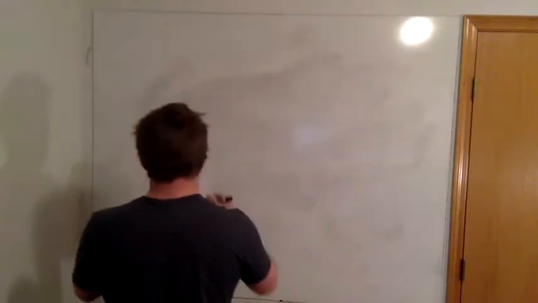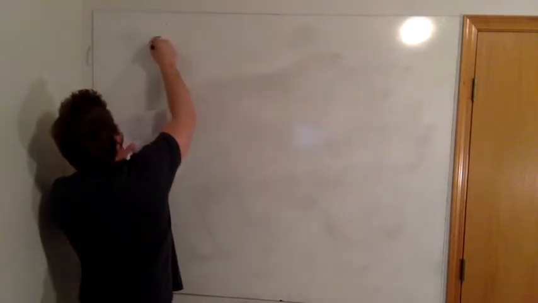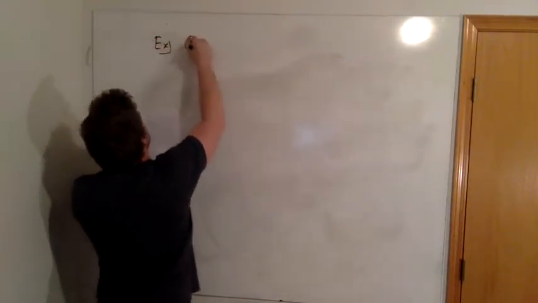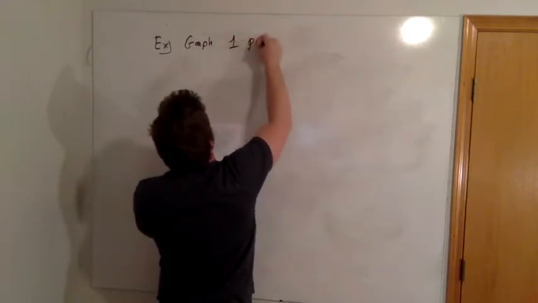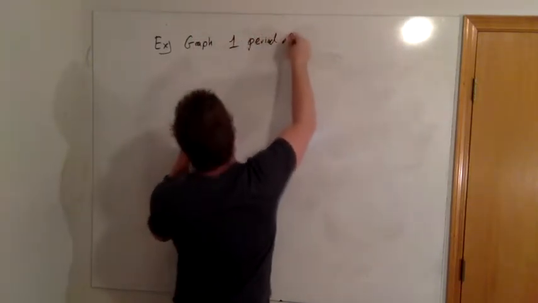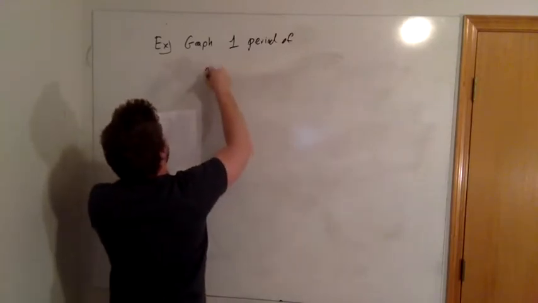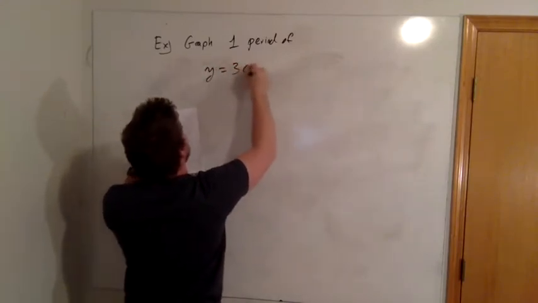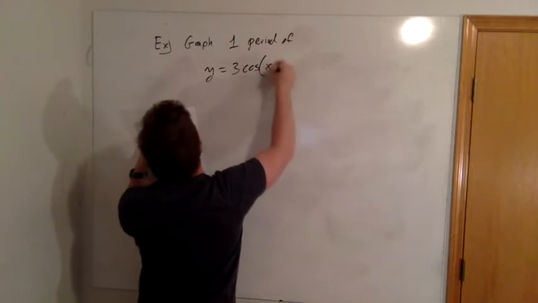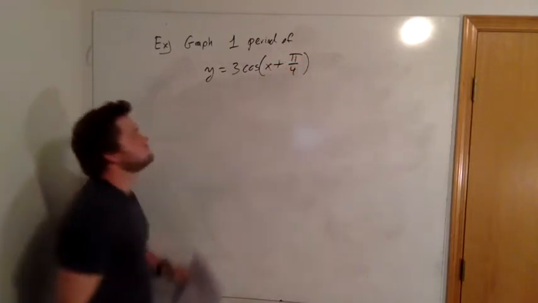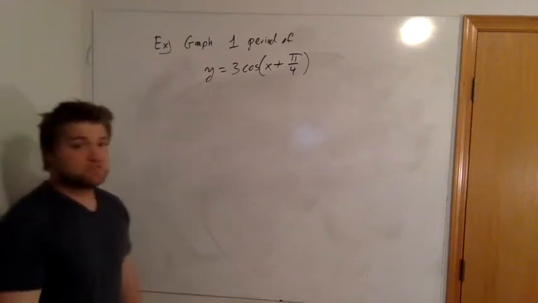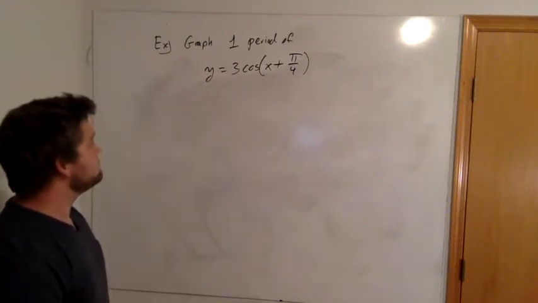Let's say, for example, that we want to graph one period of y equals 3 times the cosine of x plus pi over 4. We want to sketch one period of this graph.